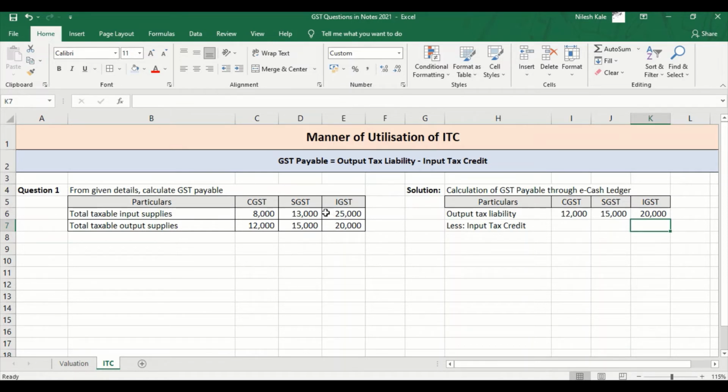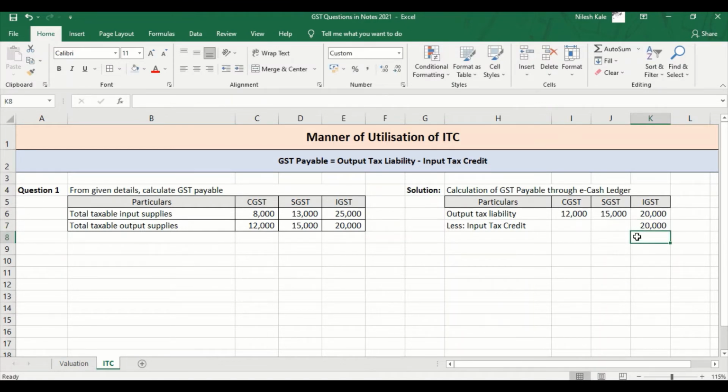So we have to use this credit to pay this liability. 20,000 is my liability. How much credit do I have? 25,000. I cannot write 25,000 here. You know why? It is because 20,000 is the liability, 20,000 is payable. How can you give 25,000? Therefore you have to first utilize 20,000.